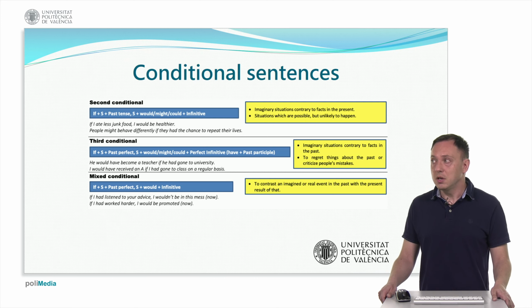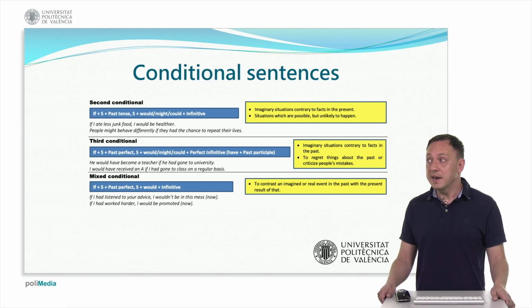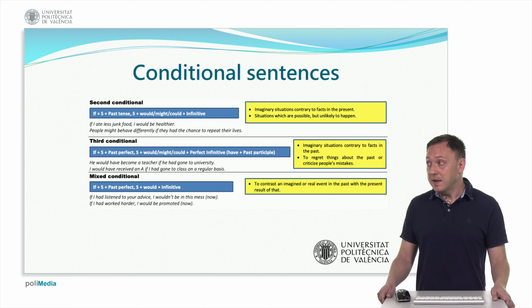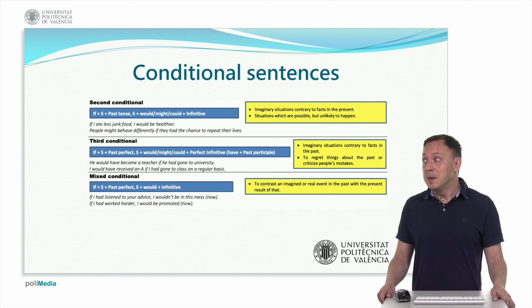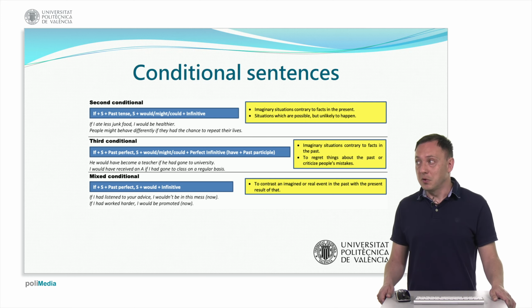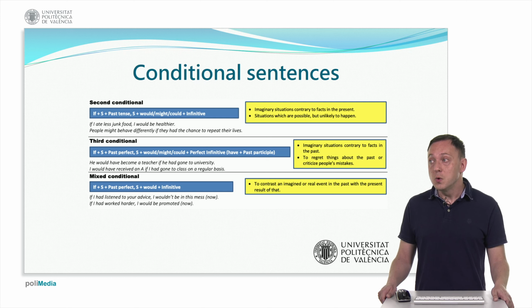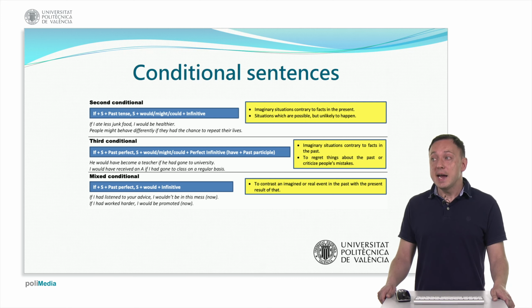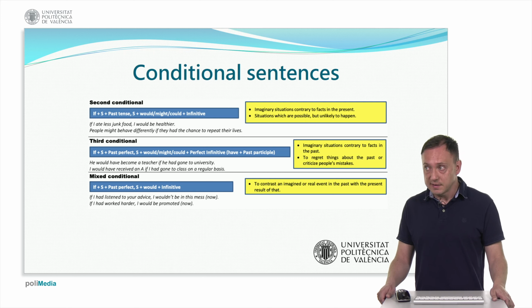The third conditional is used to talk about imaginary situations contrary to facts in the past, or to regret things about the past or criticize people's mistakes. For example, he would have become a teacher if he had gone to university. Or I would have received an A if I had gone to class on a regular basis.